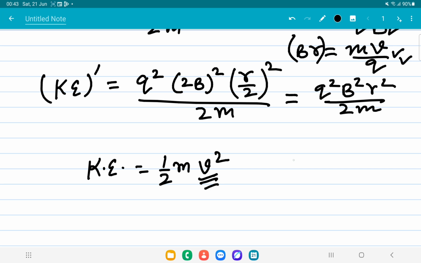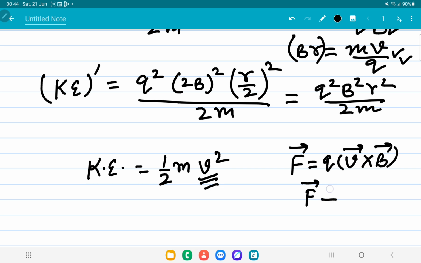And in the very initial step, I told you that the Lorentz force is q into v cross B. That clearly indicates that the force developed because of the interaction with magnetic field is perpendicular to the velocity. So it can only change the direction, not the magnitude, and that is why the magnitude part will not be affected, so kinetic energy will not be affected.